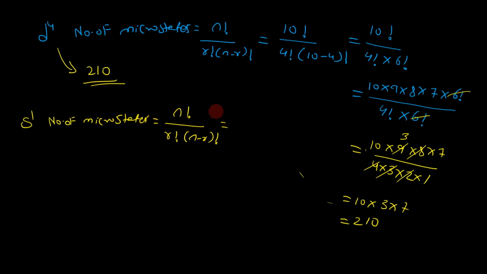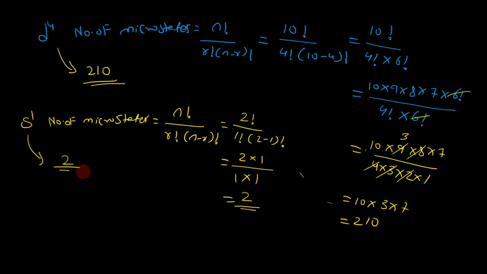Here n is the maximum number of electrons in an S subshell, which is 2, so 2 factorial, given electron 1 factorial, and 2 minus 1 factorial. When you solve this, 2 factorial is 2 into 1, 1 factorial is 1, and 2 minus 1 is 1. You get the answer 2. So for S1 the number of states is 2.